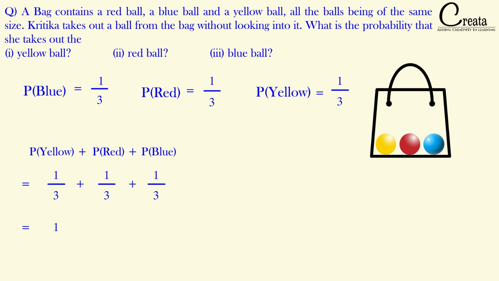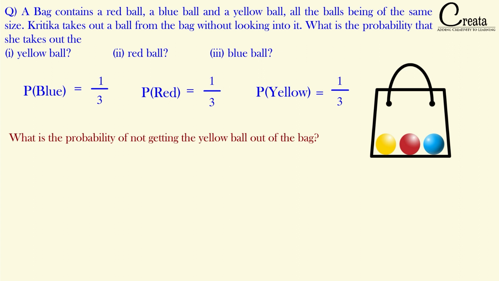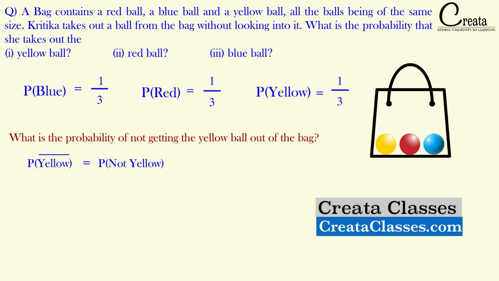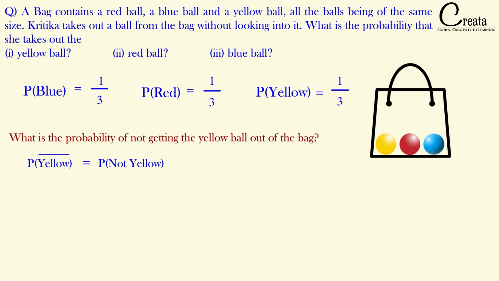So our concept is matching here. One more concept. Suppose we have a question out of this experiment. What is the probability of not getting the yellow ball out of the bag? That is P Y bar. Here bar is symbolizing not yellow ball. Are you getting this question?